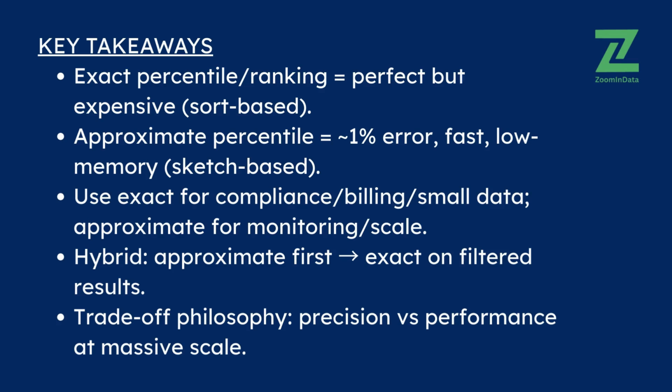Approximate for monitoring, dashboards, and large-scale trends. Hybrid pattern. Approximate first to narrow down, then exact on filtered results for precision when needed. The philosophy is clear. At planetary scale, perfect precision is often the enemy of good enough speed. Choose wisely based on use case.